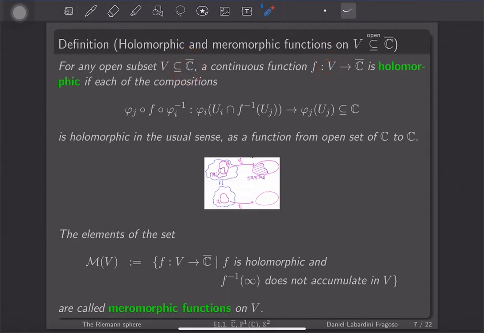And now I'm allowing the function to arrive not at the complex numbers, but at the extended complex plane. One says that such a function is holomorphic if certain compositions are holomorphic in the usual sense that you already know from your complex analysis class.